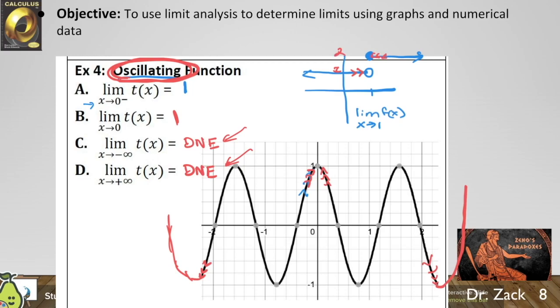If they're approaching different values, then the answer would be does not exist. So you have to make certain that the left side and the right side are approaching the same y value in order for the limit to exist.